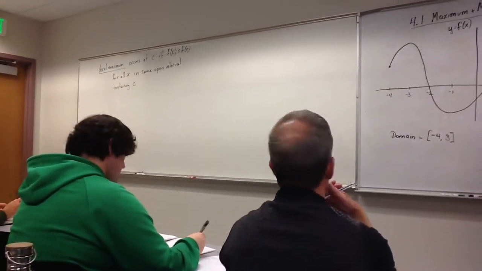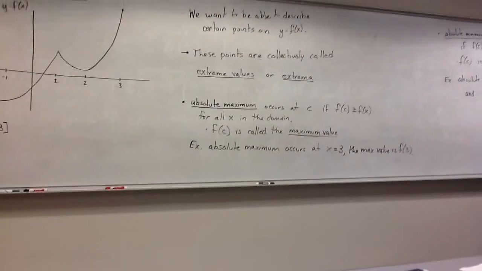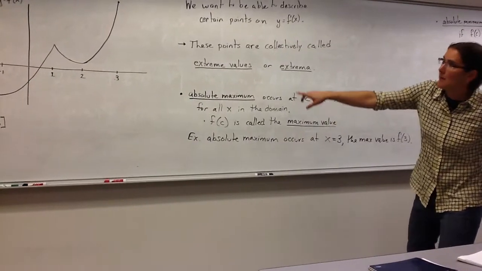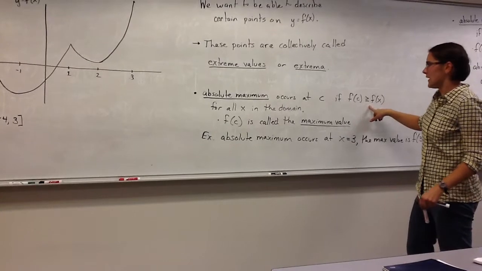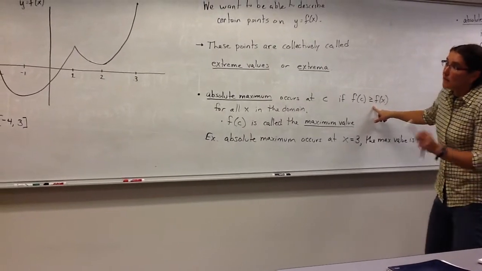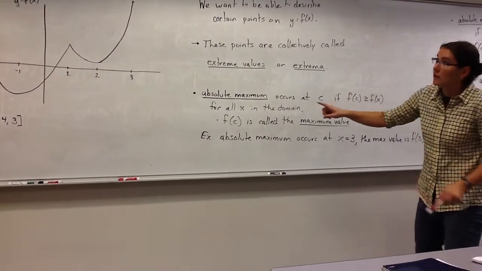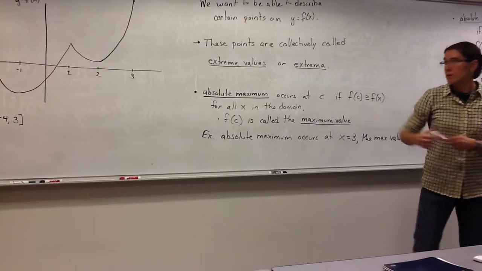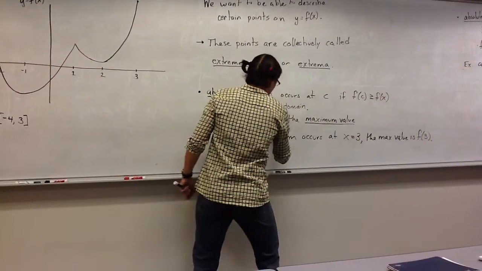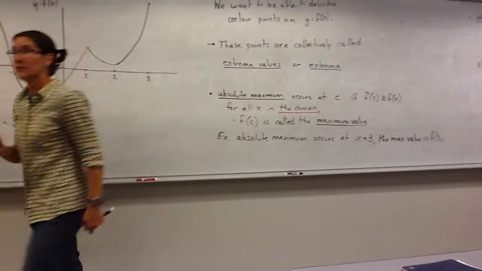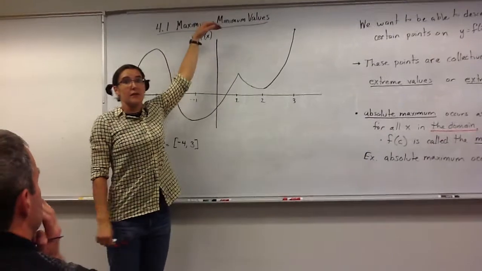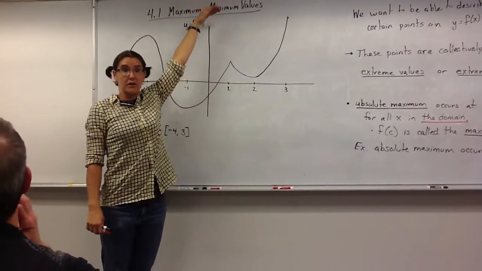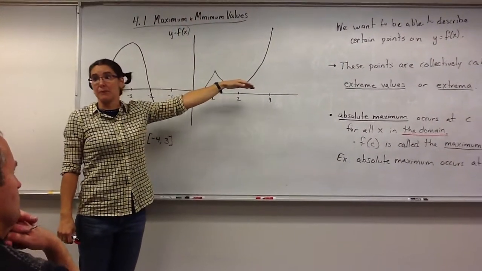What I want to draw your attention to is that the absolute maximum occurs at c if f of c is greater than or equal to f of x for all x in the domain of our function. So that means that we are looking for the place where our function is highest for an absolute maximum.